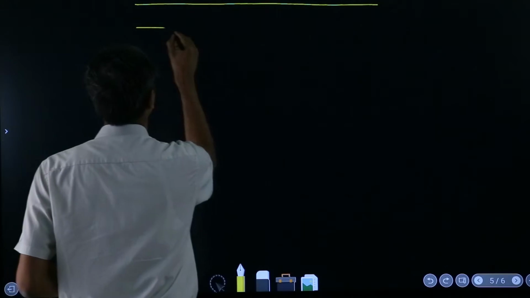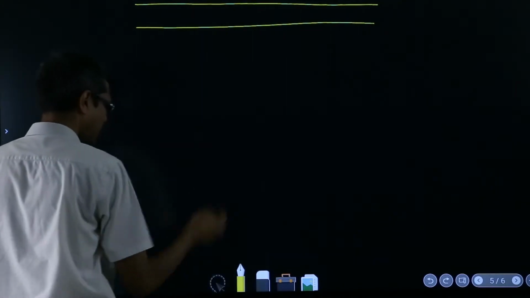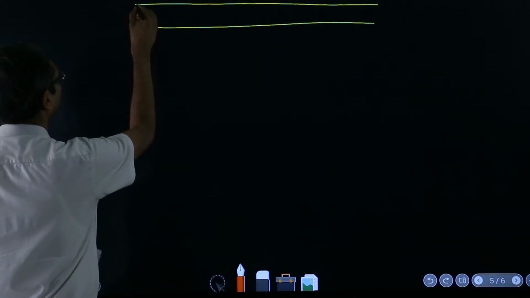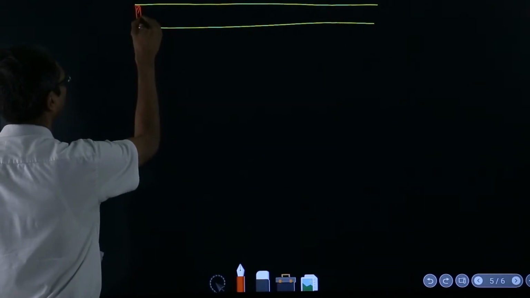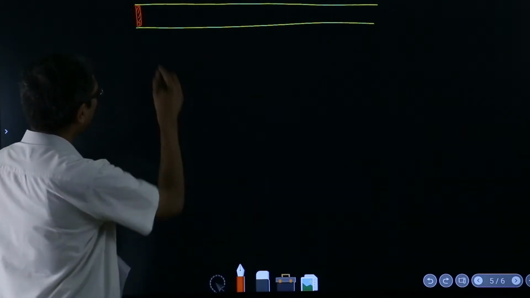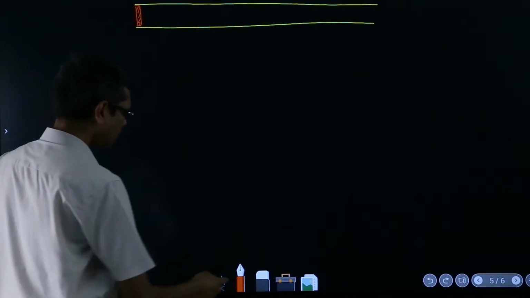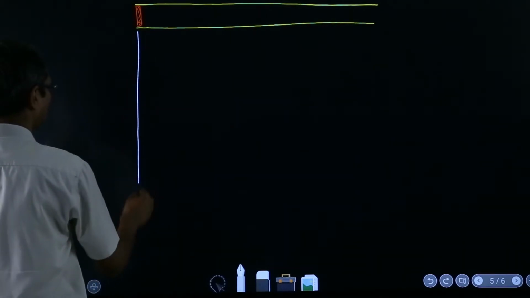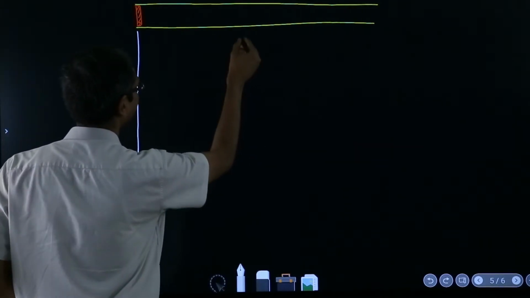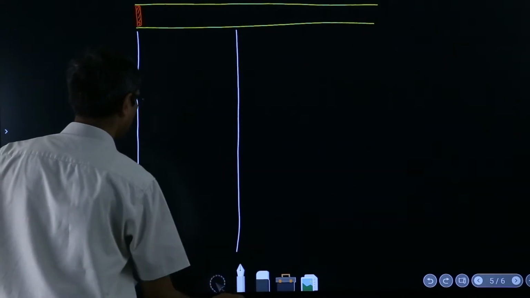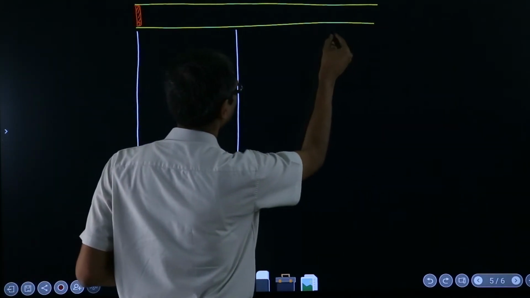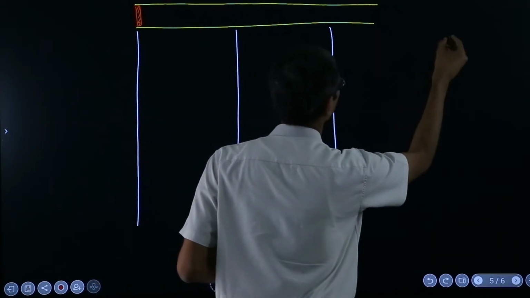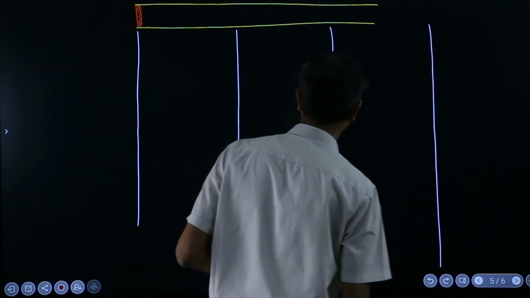So I'll draw a thin tube, and we had a piston over there, and we are oscillating it, and I said that we will draw the displacement, pressure and velocity fields one below the other, so that it will be clearer.